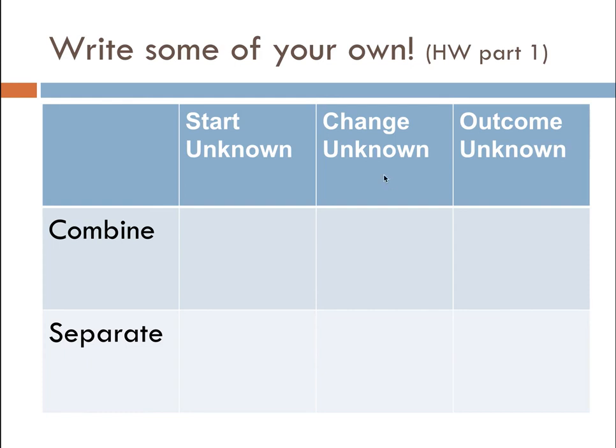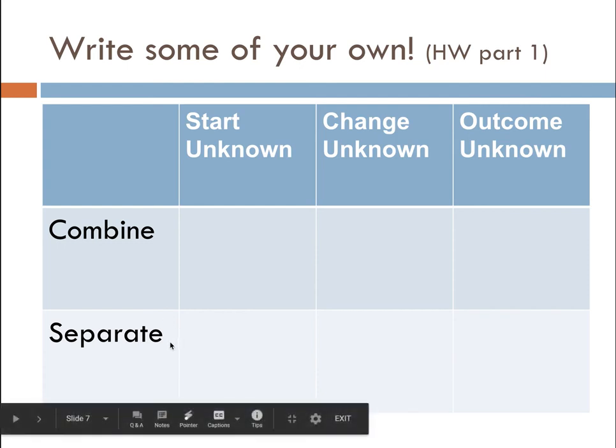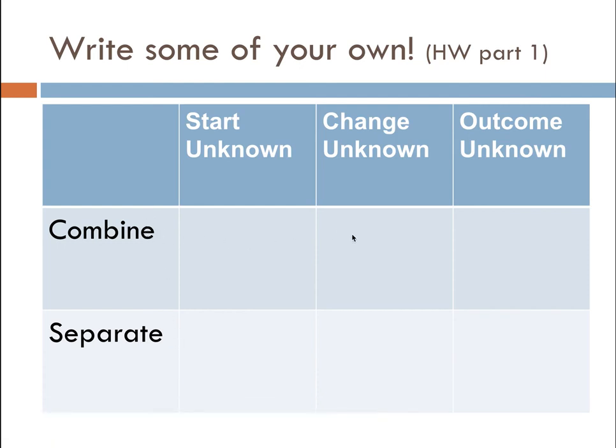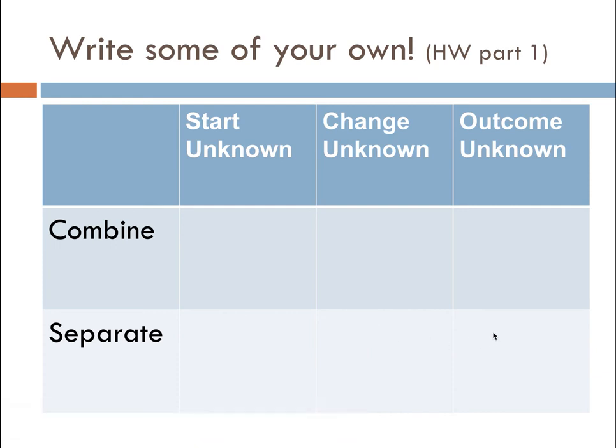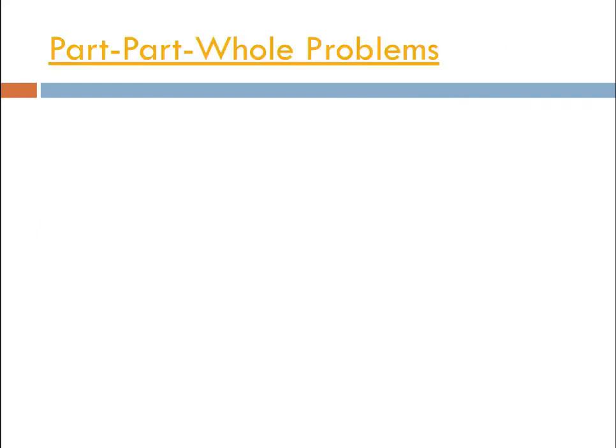You need to sort them out and determine whether they are combining problems or separating problems. If it is a combining problem, is it start unknown, change unknown, or outcome unknown? If it's a separating problem, is it start unknown, change unknown, or outcome unknown? You have to do that, and the description is given in the homework, so take a look at that.